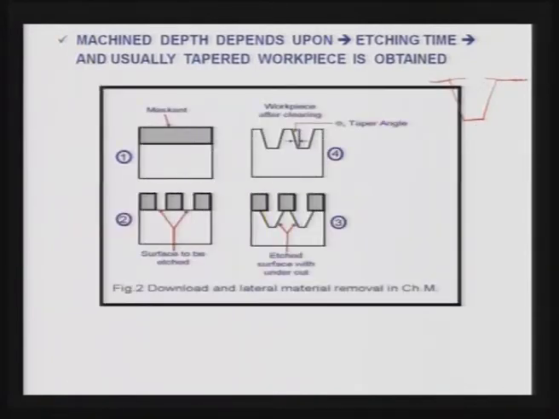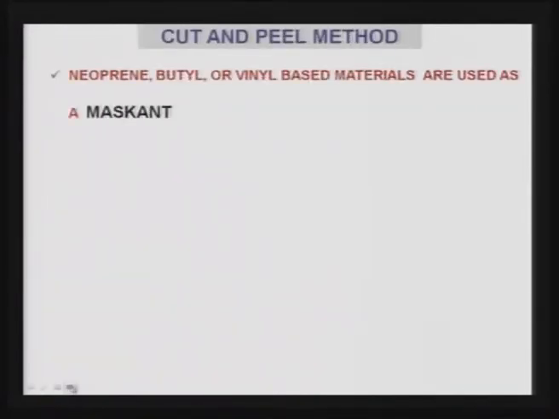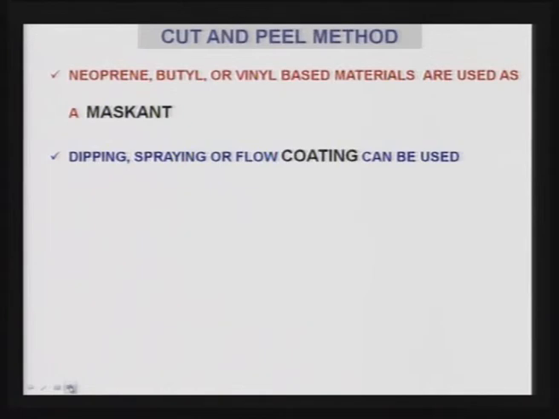So, what happens really is that due to the undercut, the top diameter increases, while the diameter at the bottom of the drilled hole or machined hole does not increase to the extent as at the top. So, you get the tapered workpiece.